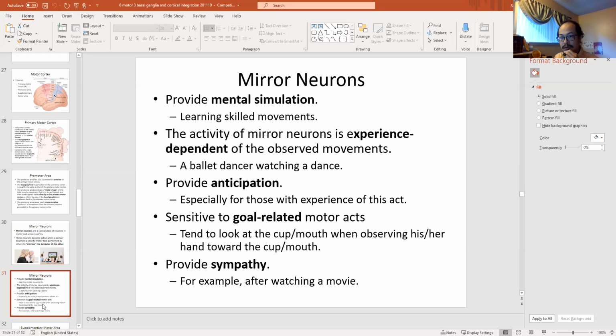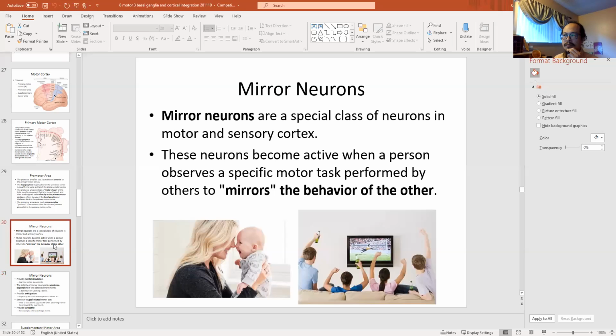So mirror neurons are an important design in our brain that lets us have a mental simulation of movement. But you have to have the resonance to it, meaning you need to have some experience before. Otherwise, say you like to watch sports, and your friends like to watch dancing. If you don't dance, you probably won't have interest in watching it, because you don't have that experience before.